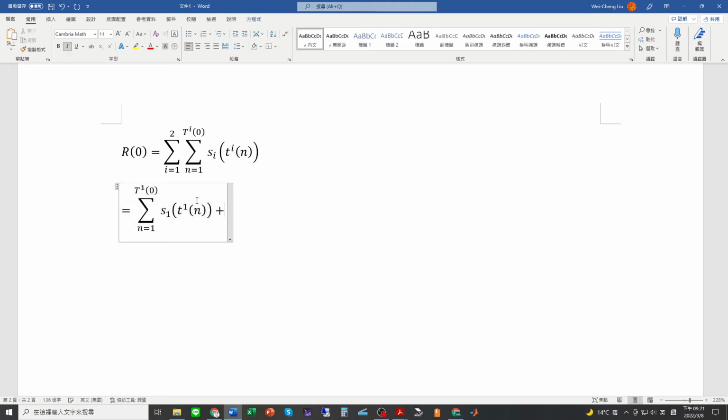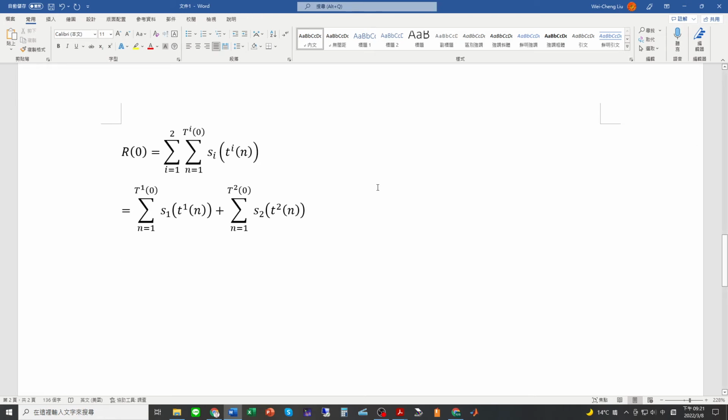Then plus, n is equal to 1, and now i is equal to 2. So I change this 1 to 2, and 1 to 2.